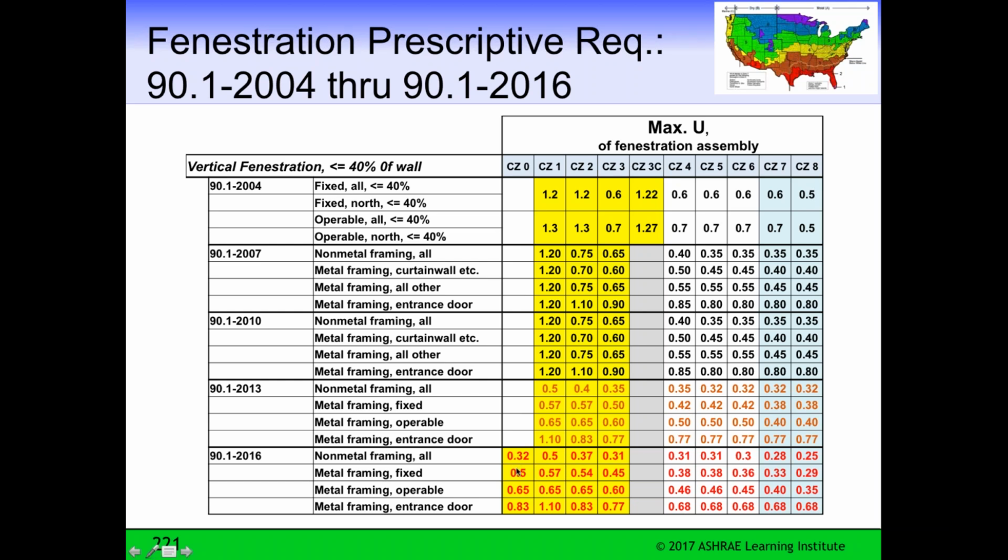The new requirements in climate zone 0 are fairly stringent to protect against heat transfer through the glass because of the fairly large temperature difference. If you've got an outside temperature of 110 or 115 degrees F, you want to protect the glass frame from transmitting a lot of heat into the interior.